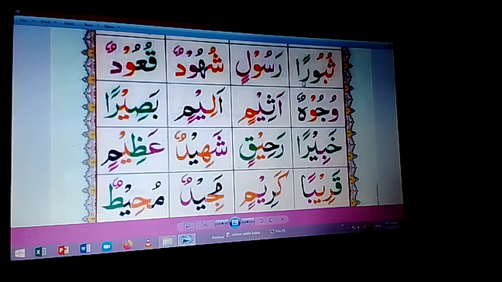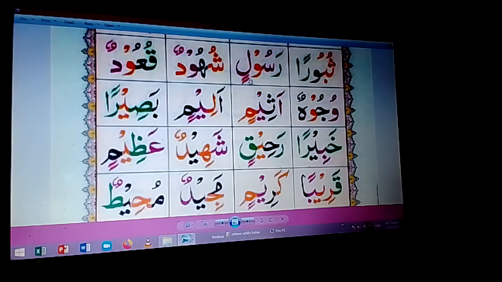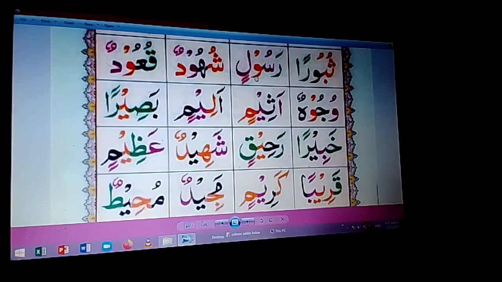Thuburan. Another box, rasulen. A question can arise, why we made su longer, why su is prolonged. There is a reason, because this seen letter has dhamma, and this is followed by waw. Waw is also silent.